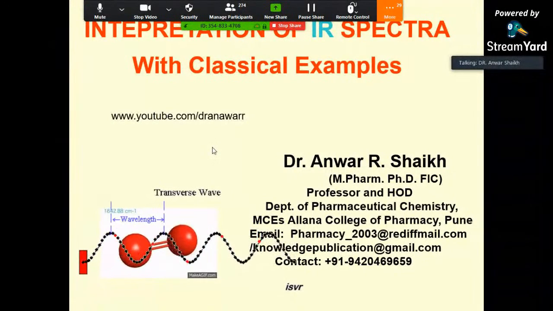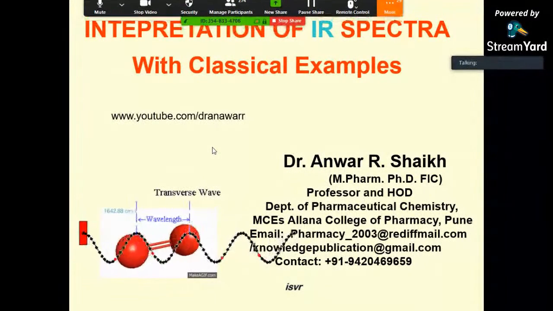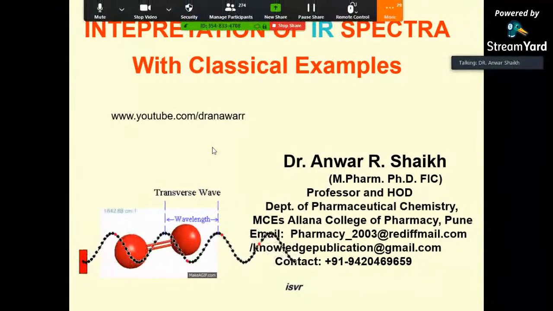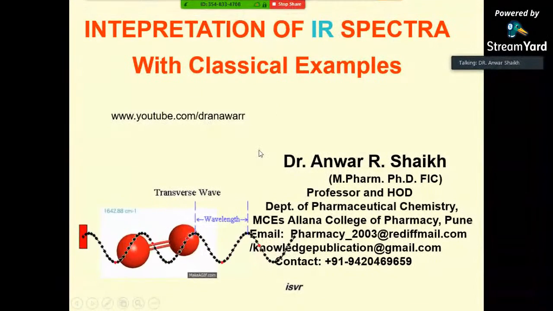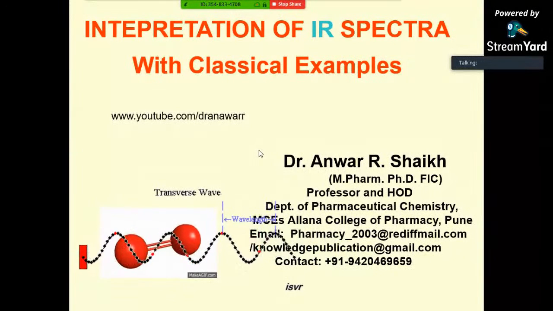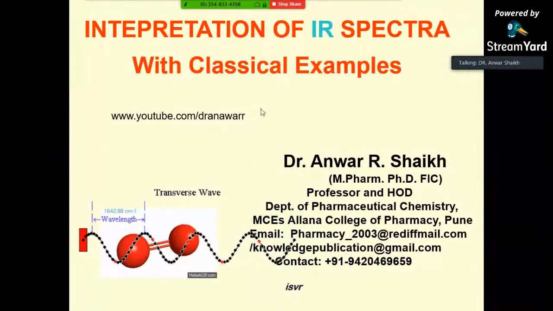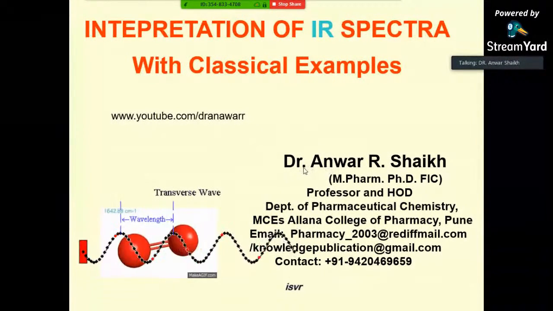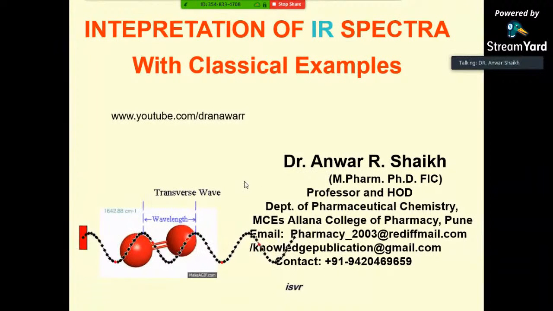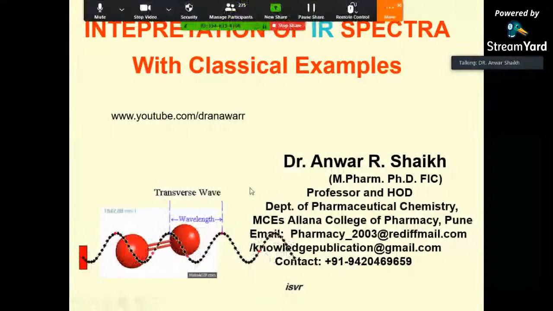After that we go through the UV, and after UV we follow infrared spectroscopy. UV does not give much idea about the structure. You come to know whether conjugation is present or not, whether some chromophore is present or not.